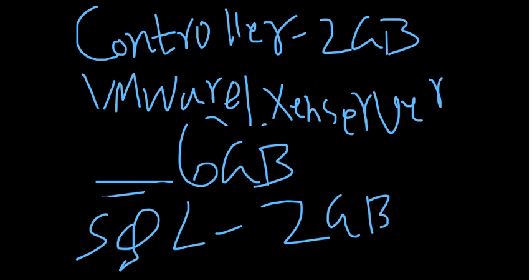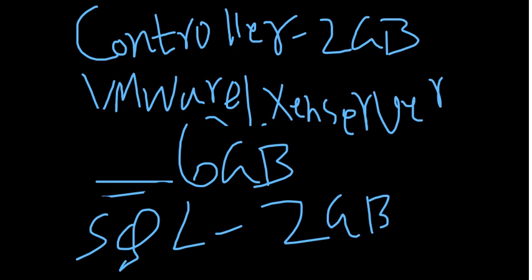If you don't have enough RAM available, people just do it on the controller. Some SQL database components come with the installer itself, but some people like to have a separate SQL server. For that you need to give at least 2 GB RAM. So I think in total it has come close to 14 GB or 16 GB.